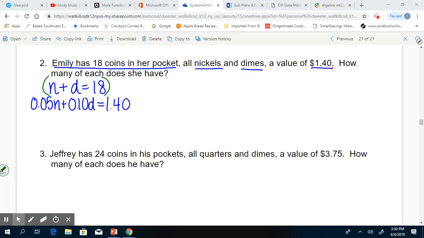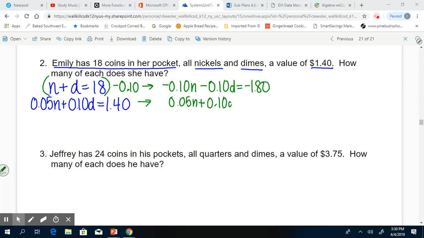So I'm going to multiply the top equation by negative 10 cents and rewrite my system. So I get negative 10 cents N minus 10 cents D equals negative 180. Bring over my second equation, 5 cents N plus 10 cents D equals 140.